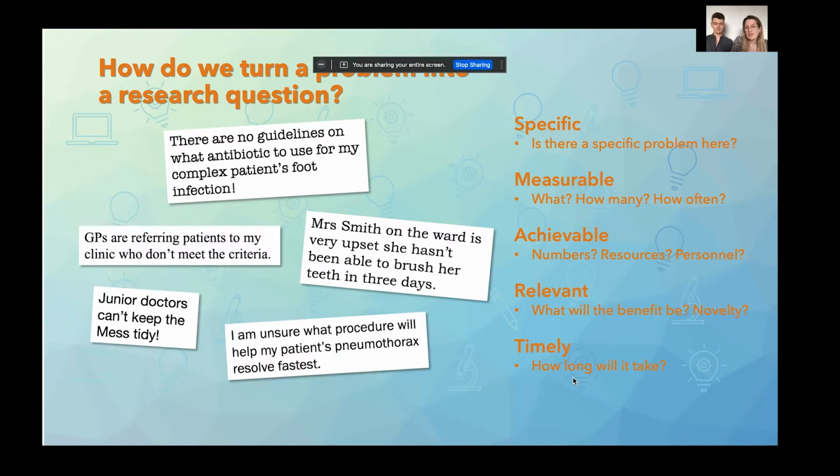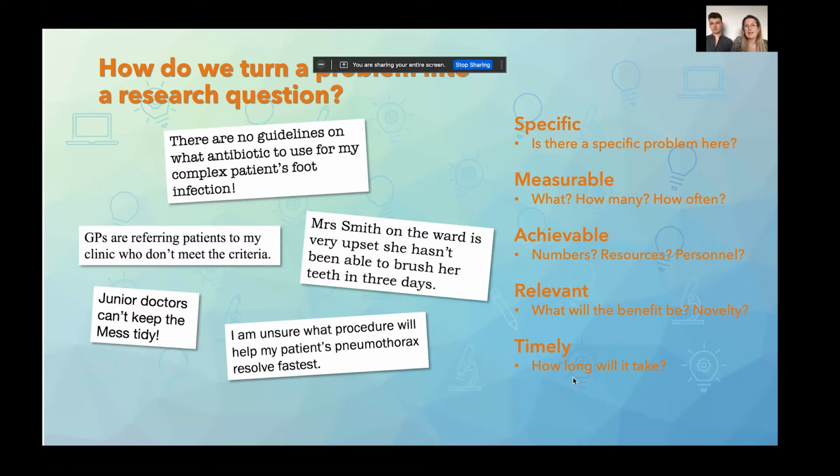Well, you might have heard of the SMART objectives. It's a structure that is often applied to objectives to make sure that they are of good quality. And we have discussed that actually they're quite good to apply to a research question itself. So when you're formulating your research question, is it specific? Is there a specific problem there?